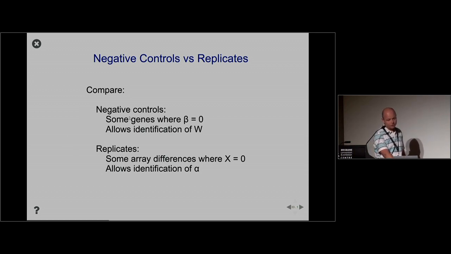Specifically, the negative controls, these are genes where we know that the beta is equal to 0, and these allow us to identify W, the unwanted factors. Replicates, these are array differences where we know that the biology cancels out, and those allow us to identify the coefficients of the unwanted factors.